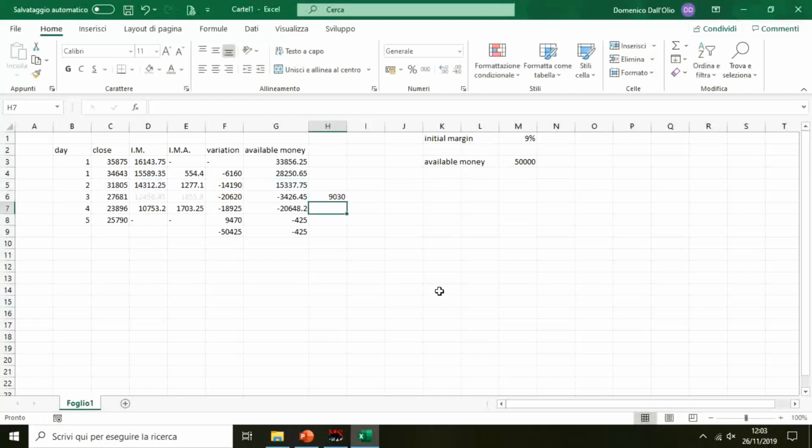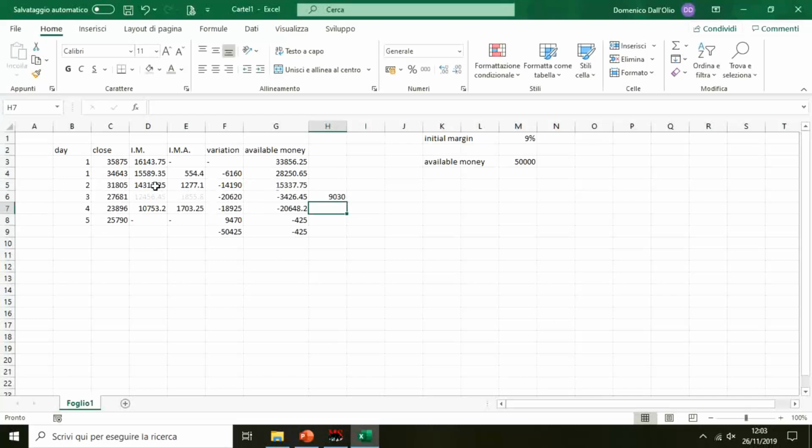Final result is plus 9,030. I made a little mistake in the previous calculation. Okay, so once again, you close the position on day 3 for 27,681. In respect with the previous day, you have a negative variation margin equal to 20,620. The available money the previous day was 15,337.75.